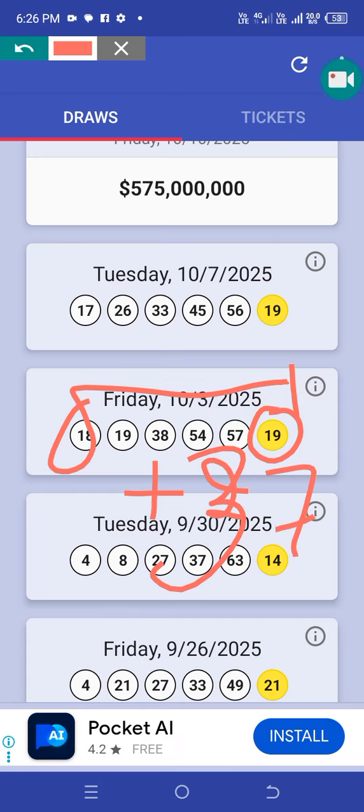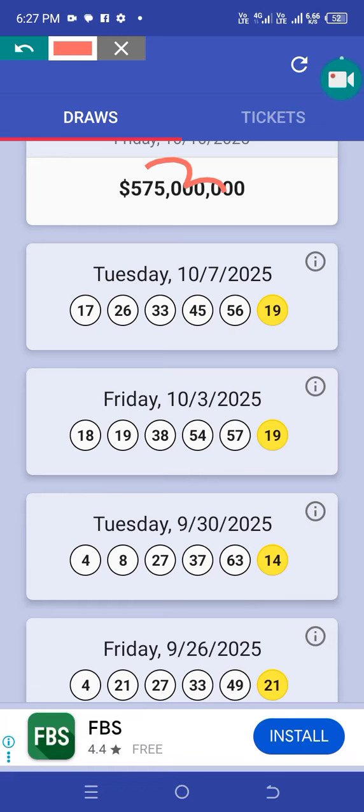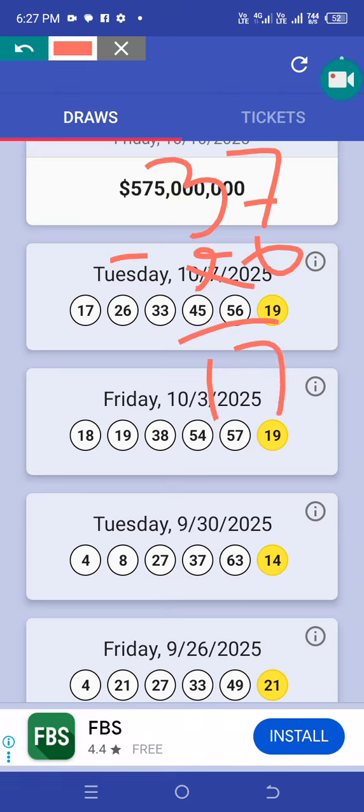Then you take that 37 and do minus the last number, which is 57 minus 37 equals 20. Then you take this 20 and do minus the answer you get. So I'm going to take 37 minus 20, which gave me 17. If you do plus 20, it's going to give us 57, of course, so 17 is sitting there.